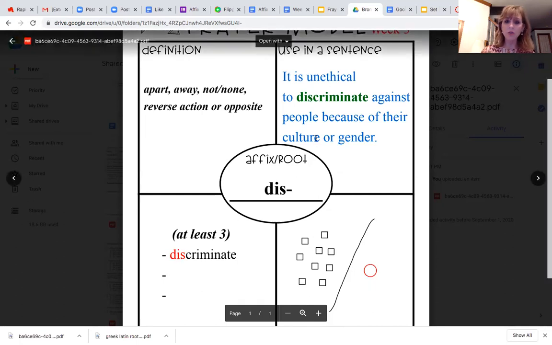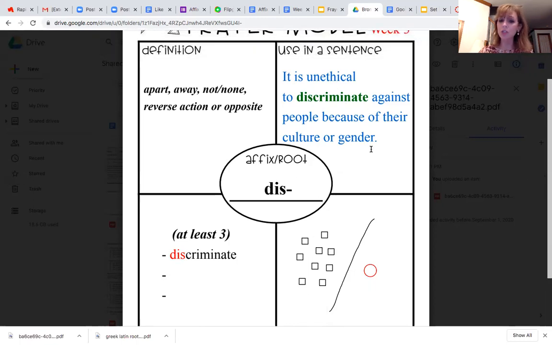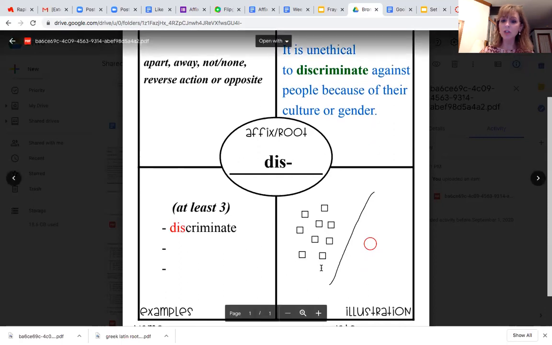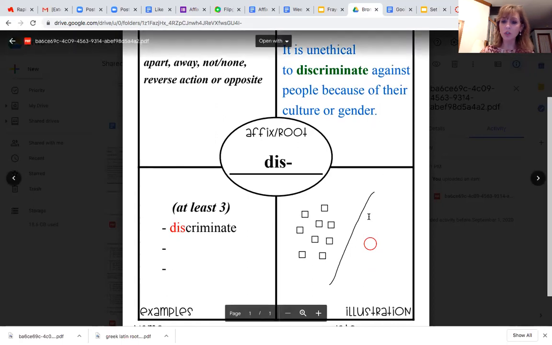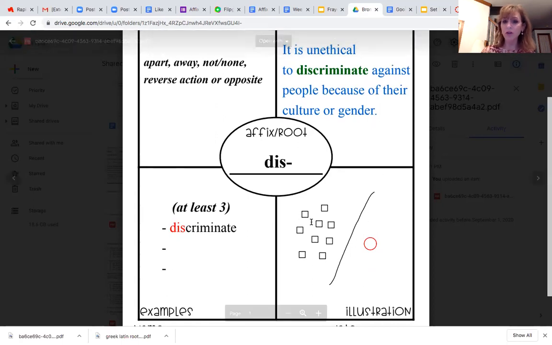And I picked discriminate to write my sentence. It is unethical to discriminate against people because of their culture or gender. And then I have my picture, which shows the little squares discriminating against the circle. And the line is between them to show that all the squares are sticking together and they discriminate against that poor circle that's left out in the cold.